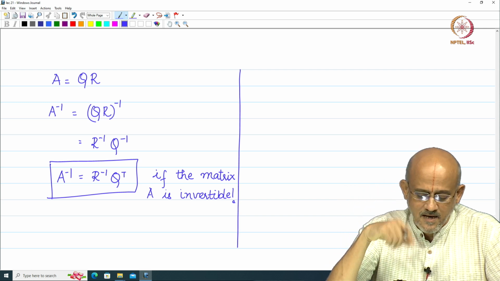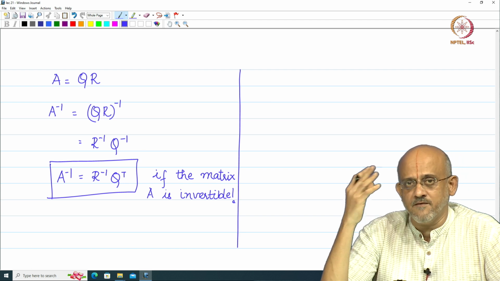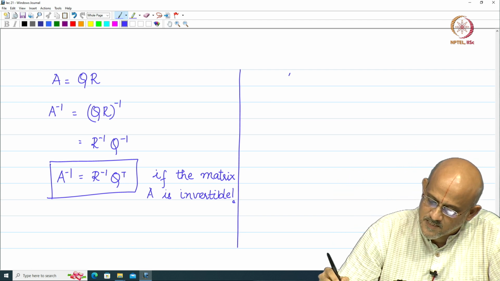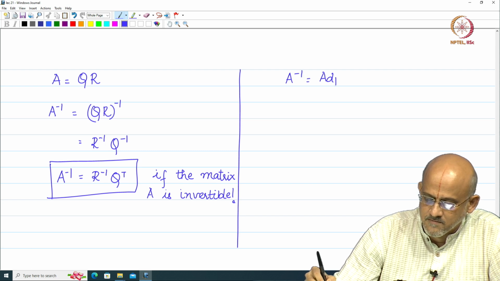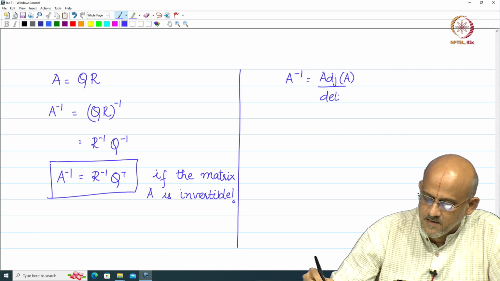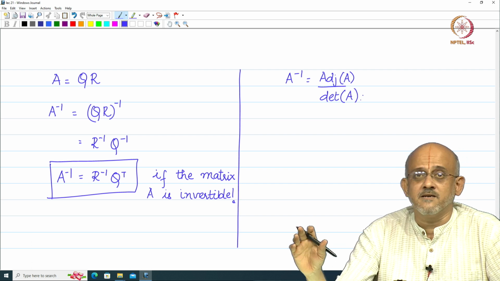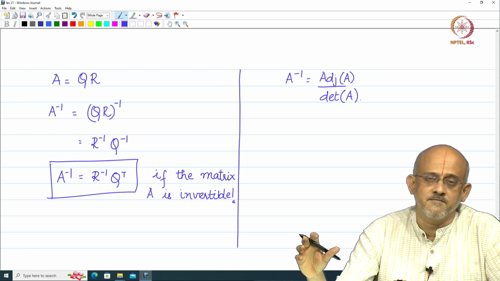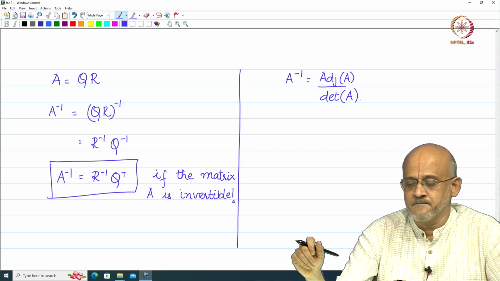So the question is, there I have my A inverse, and we defined A inverse right from the beginning. We have been seeing A inverse is equal to adjoint of A divided by determinant of A, and therefore we said the determinant of A must not be 0, therefore the matrix has to be a non-singular matrix, and all those things we have studied.